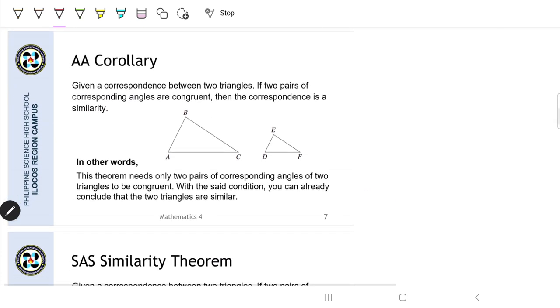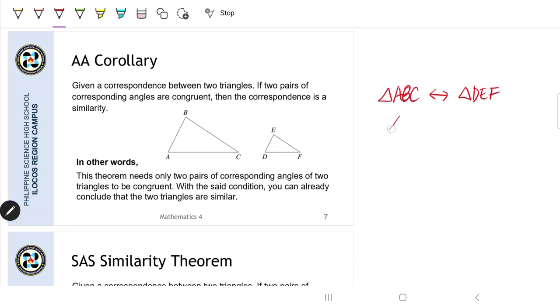For the next one, we have the AA corollary. It states that if two pairs of corresponding angles are congruent, then the correspondence is a similarity. In other words, if we have triangle ABC, which corresponds to triangle DEF, and we can show two pairs of corresponding angles that are congruent, then we can already conclude that the two triangles are similar.